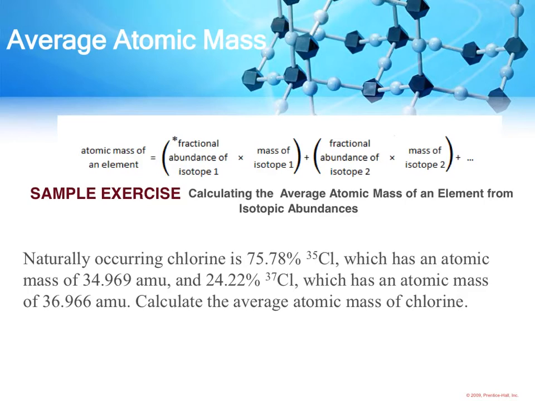Chlorine has two naturally occurring isotopes, chlorine 35 and chlorine 37. Use the formula that I just gave you for average atomic mass and calculate the average atomic mass of chlorine. I would recommend stopping this video and then turning it back on to check your answer with mine.